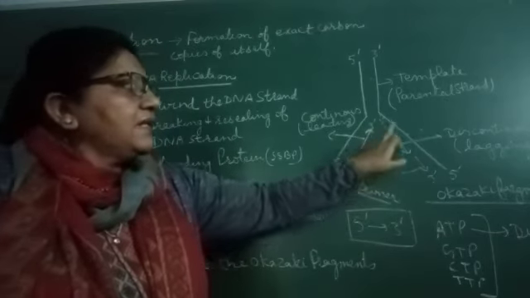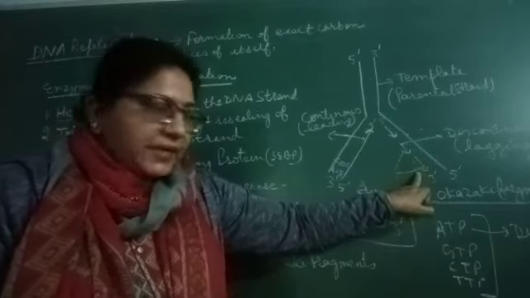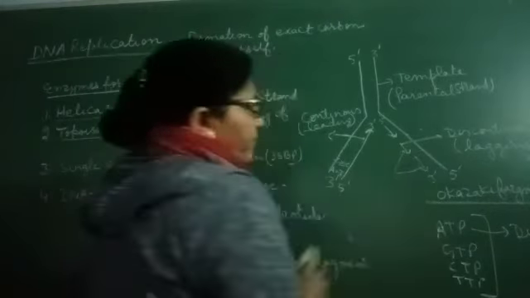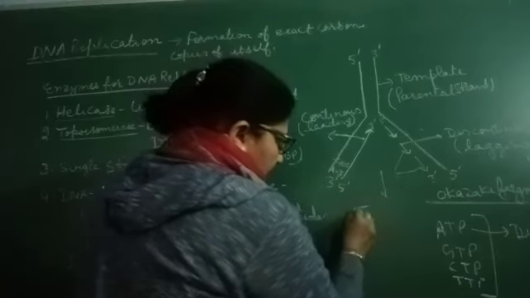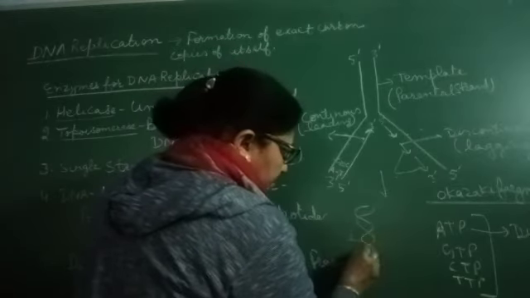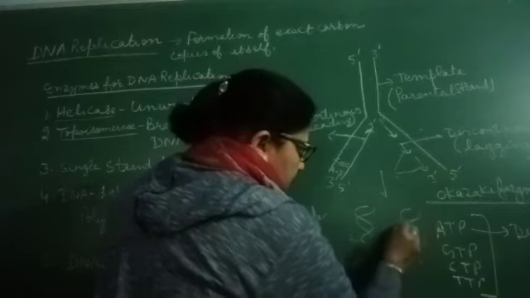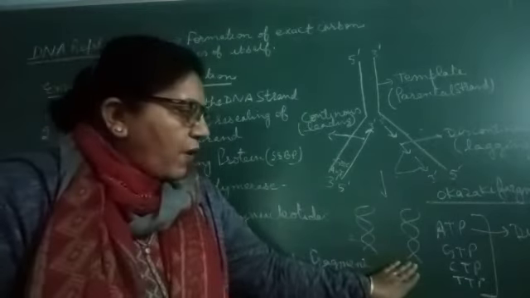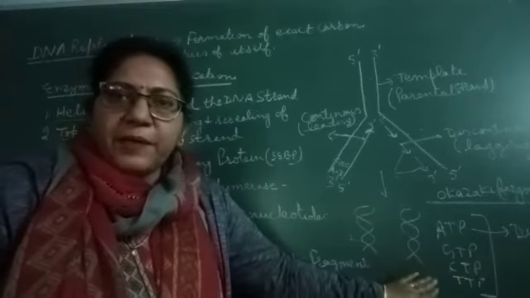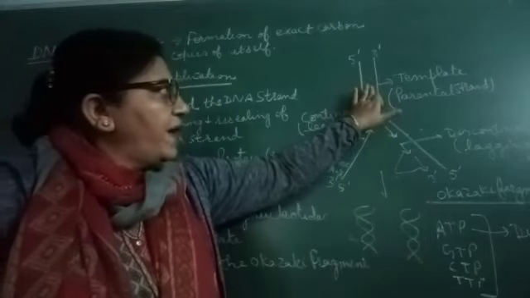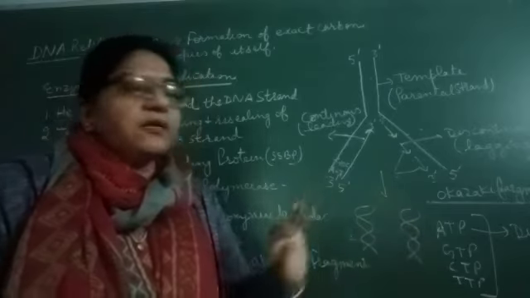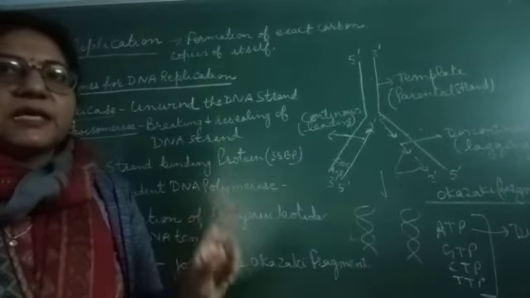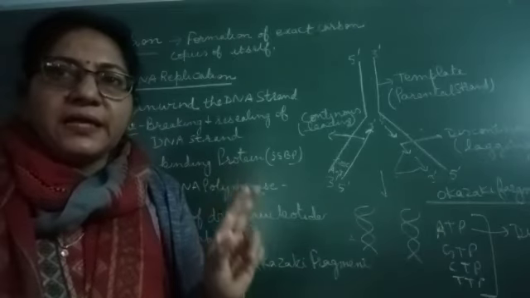Then they separate from the parent strand, and two copies of DNA same as the parent are formed and coiled again. They form complements with each other. So from one parent you will get exact copies, the two daughter DNAs. This process is known as replication.